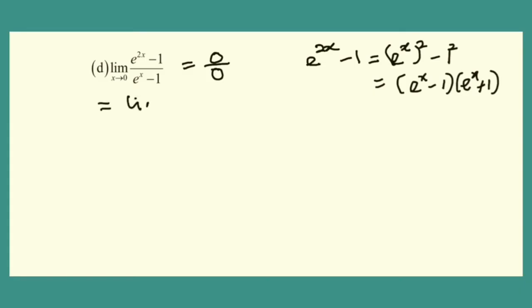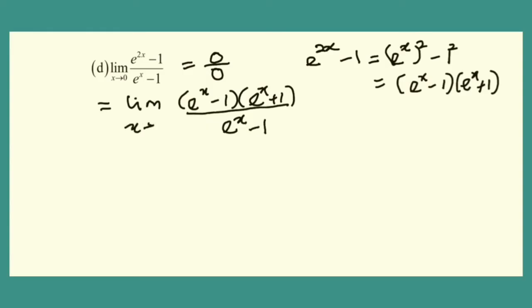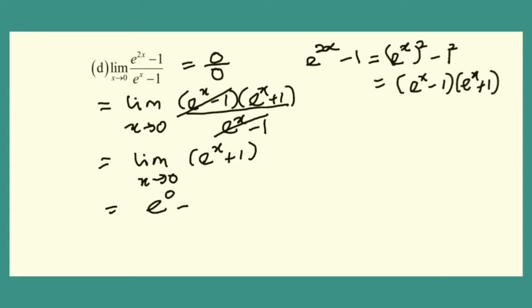This becomes limit (e power x minus 1) times (e power x plus 1) over (e power x minus 1) as x approaches 0. We cancel out e power x minus 1. This becomes limit e power x plus 1 as x approaches 0. And then substitute x equal to 0, e power 0 plus 1. This is 2.